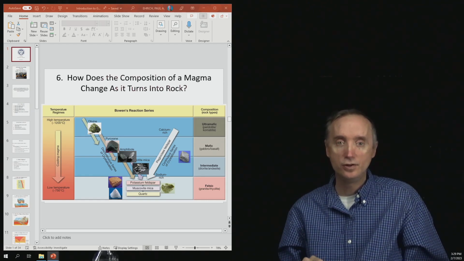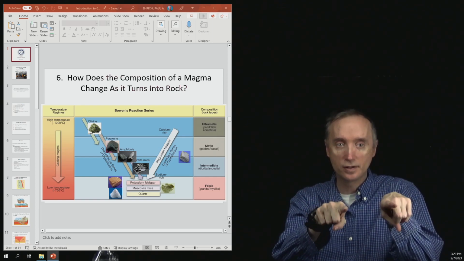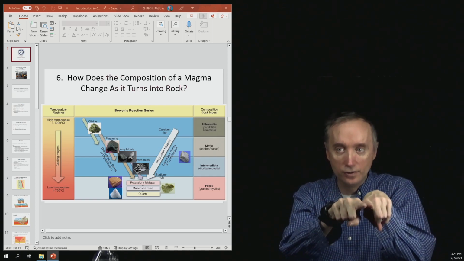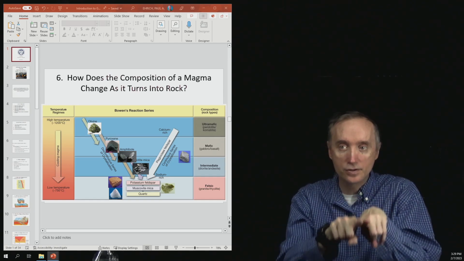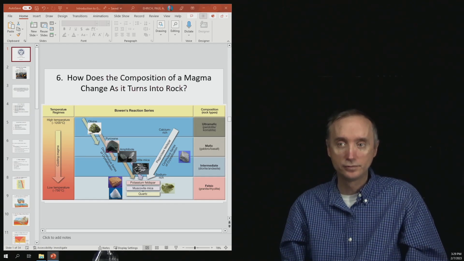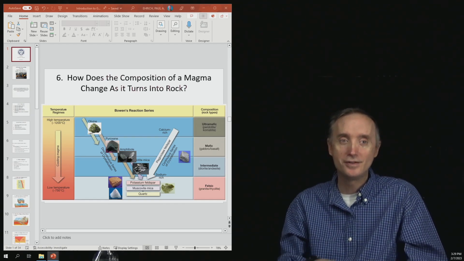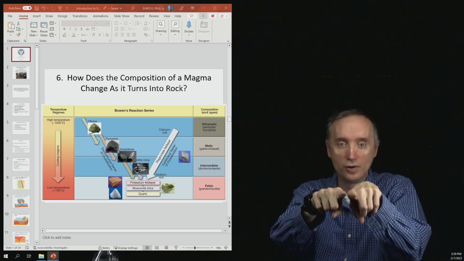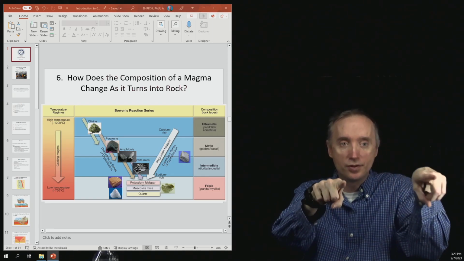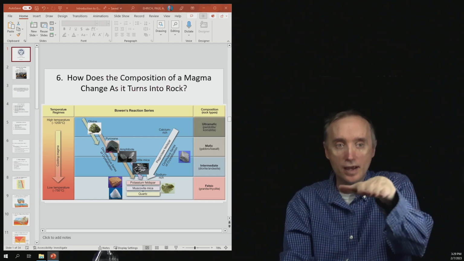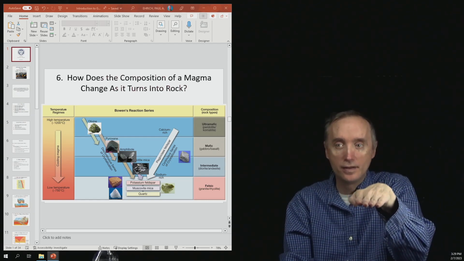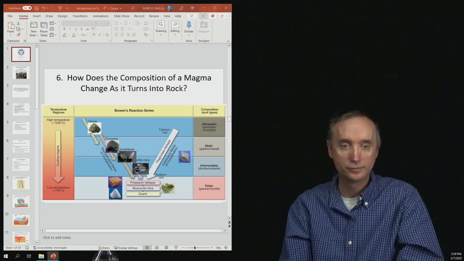And then we said that you could take two chains of silica tetrahedrons and glue them together, and that turns out to be amphibole. Then we said that you could take multiple chains and put them side by side, and then you had a sheet. That was mica.